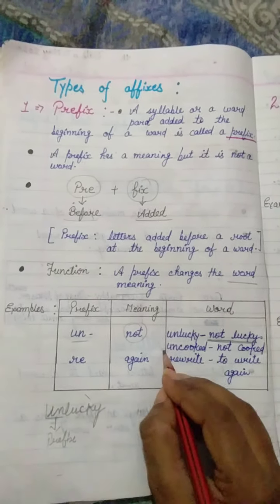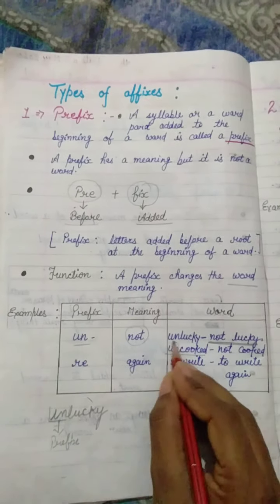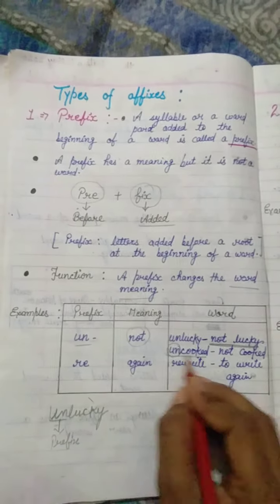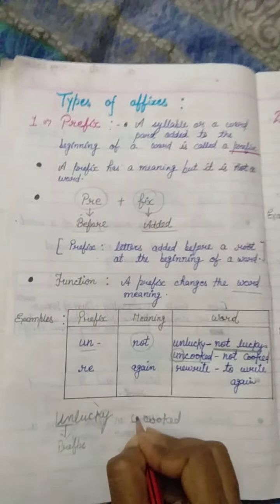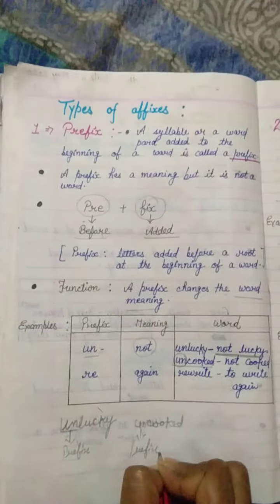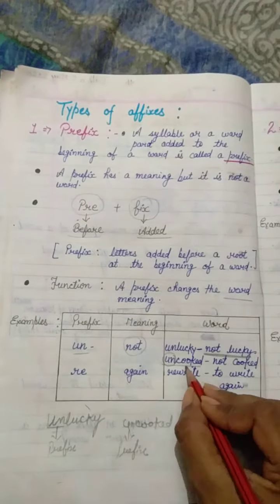Second example is uncooked. In uncooked, the word un is also added at the beginning of the word cooked. So, un is also a prefix. The meaning of uncooked is not cooked.